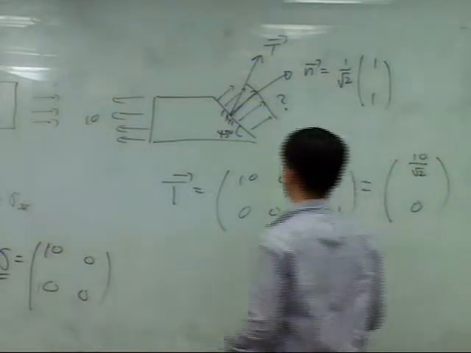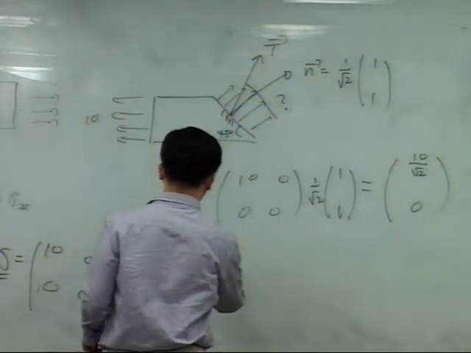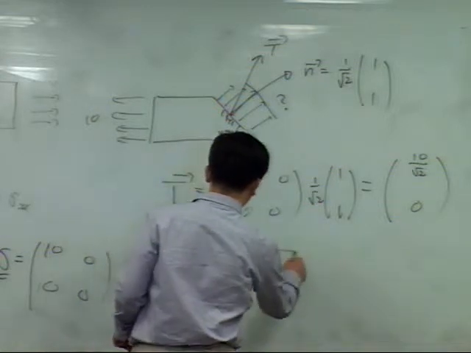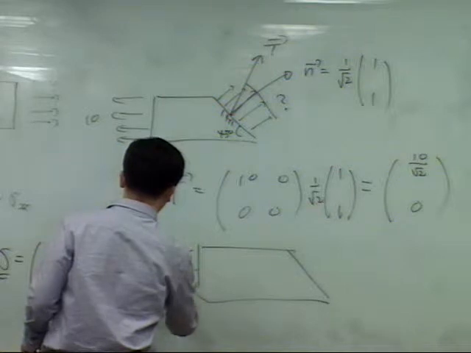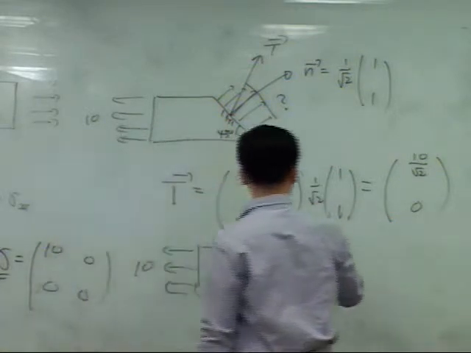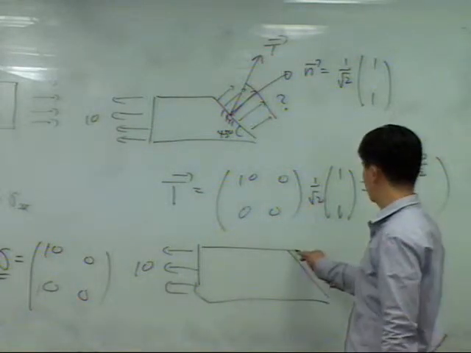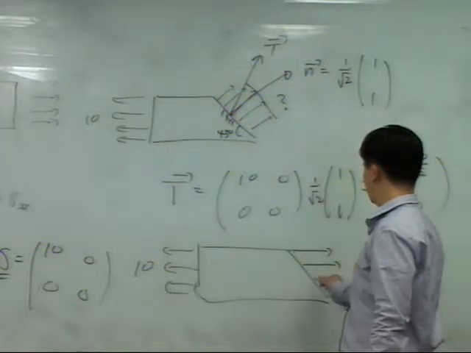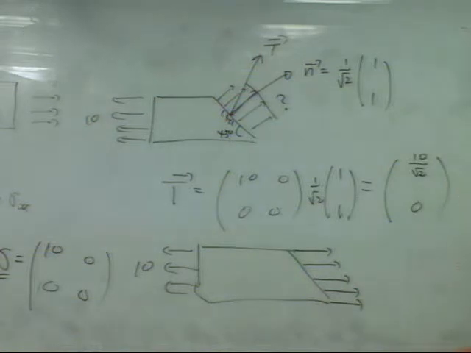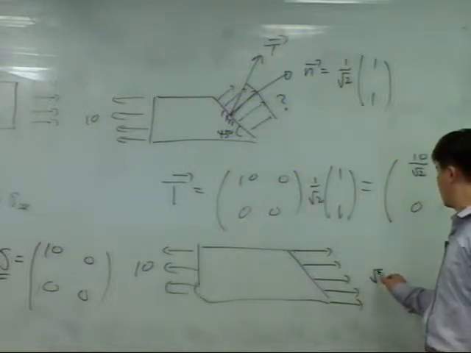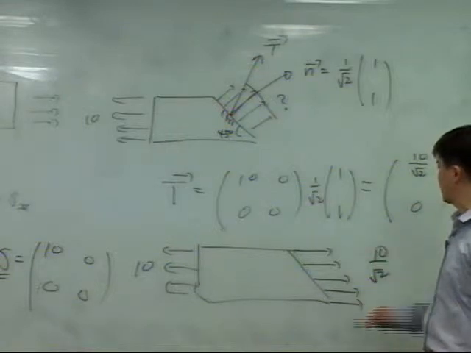So we know that we have a stress of 10. Here we have a stress in this direction. This traction T doesn't have any component in Y. This is root 10, 10.